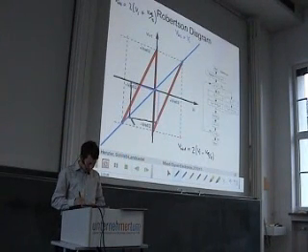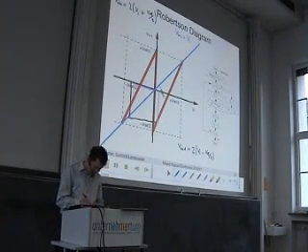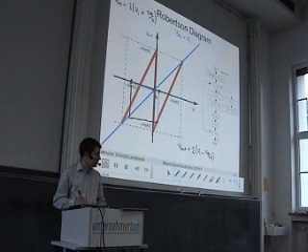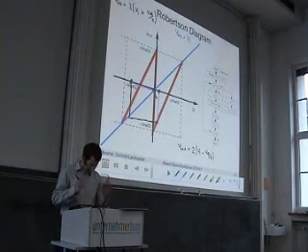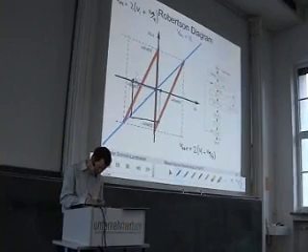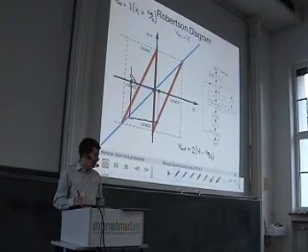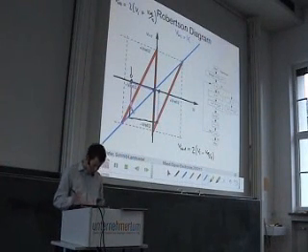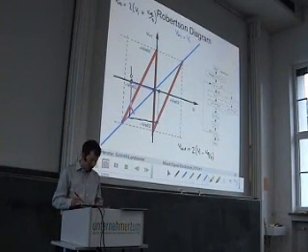Okay? Then you know that the distance from here to here is equal to the distance from here to here. Okay? That's the point. And then you take this one as the new value. So you go up here, this is your new value, and then you do the same thing.